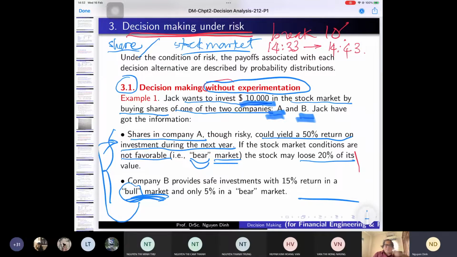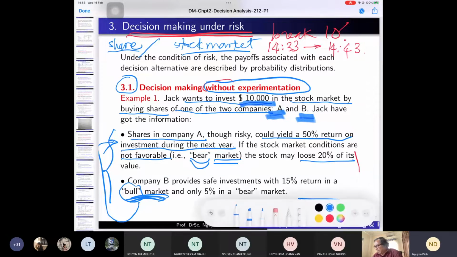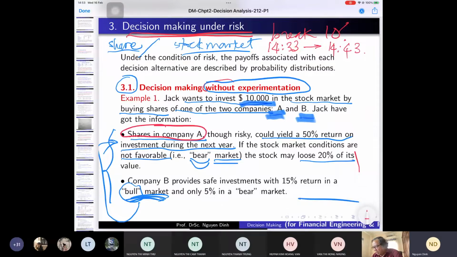So two cases: if the market is bull, he will get $15,000. If the market is bear, he will still have $8,000. That is the share of company A.